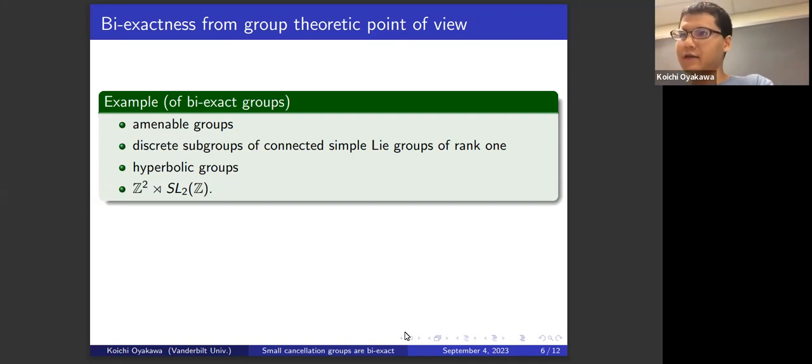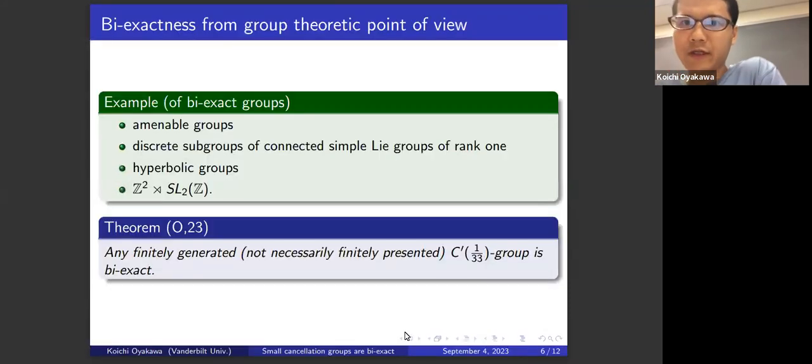But I should say not much is known about the class of bi-exact groups. I mean, which class of groups are bi-exact? Okay. And my result, for my work this time, pushes this direction forward. So any finitely generated C'(1/6)-T(3) group is bi-exact. And one thing that is important here is that I don't assume the group is finitely presented.